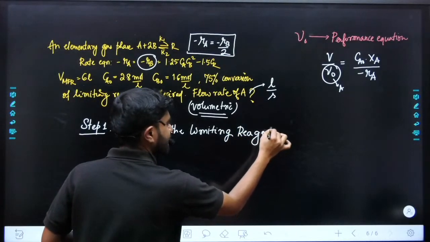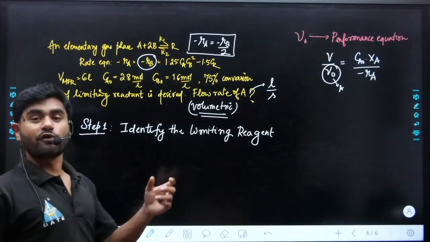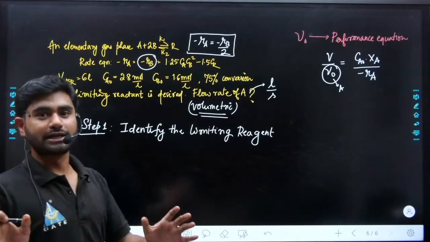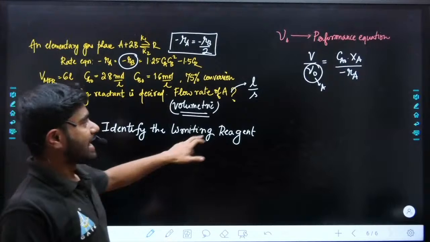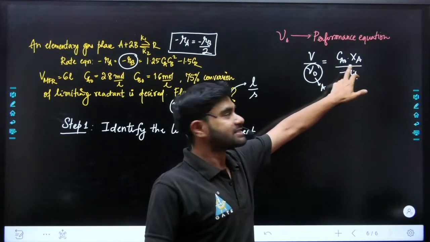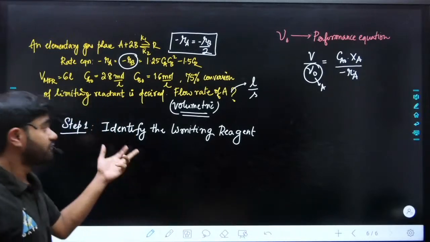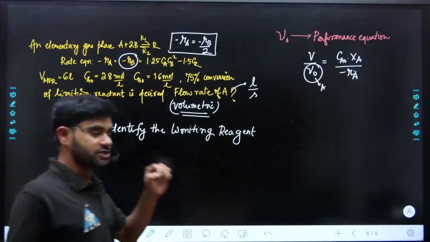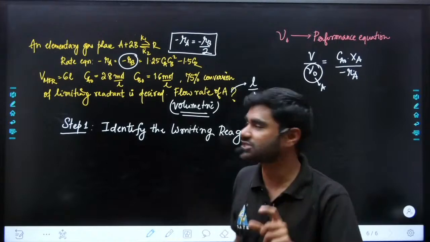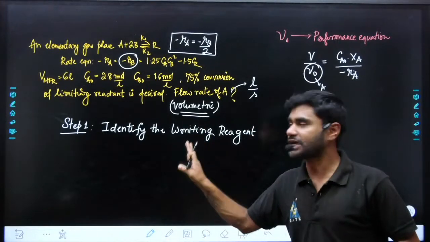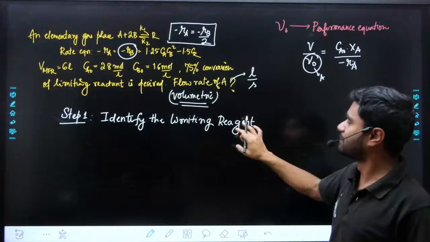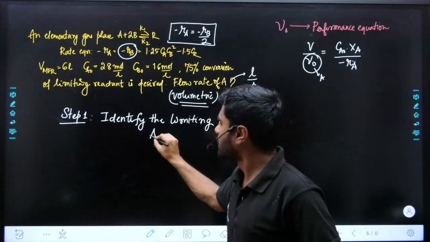Because it's been given that 75% conversion of the limiting reagent. We do not know the limiting reagent because Xa is a conversion of A. We do not know whether A or B is limiting. So first we need to select the limiting reagent, either A or B.